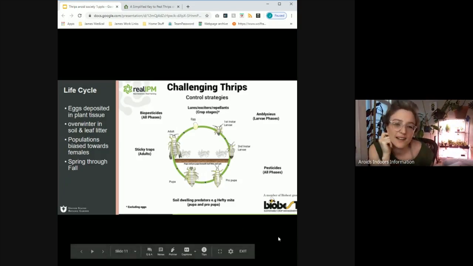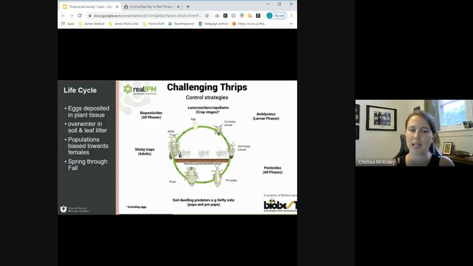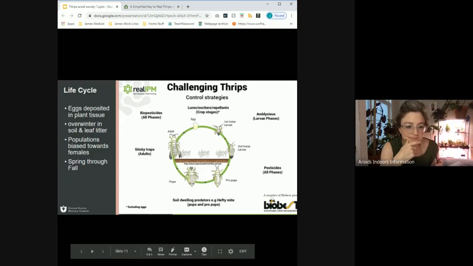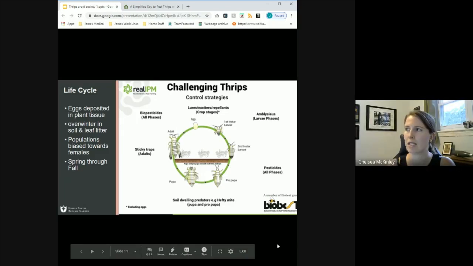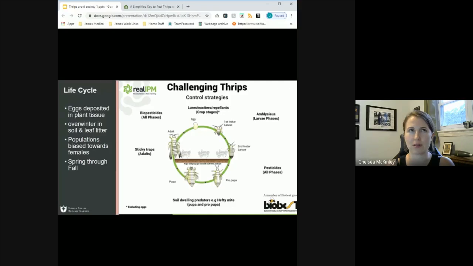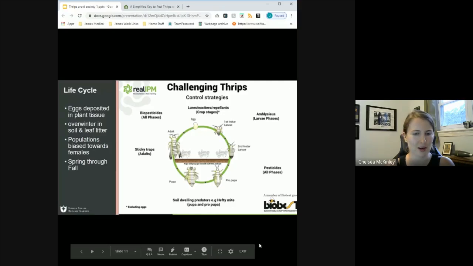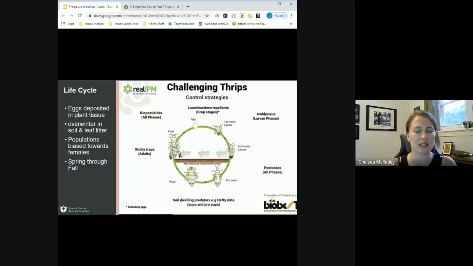Do thrips avoid any particular plants? There are certain plants that are thrips traps. The species are escaping my mind right now, but they tend to have very sticky leaf surfaces.